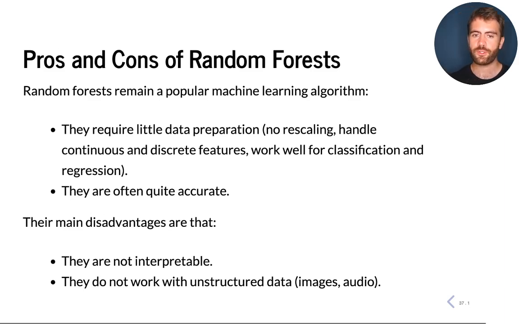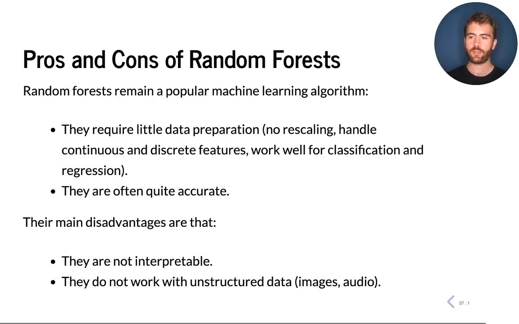So what are the pros and cons of random forests relative to other algorithms? Since they're based on decision trees, they still retain a lot of important benefits that decision trees have. They don't require any scaling of the input, they handle continuous and discrete features equally well, and they work equally well for classification and regression without making a lot of changes to the algorithm.